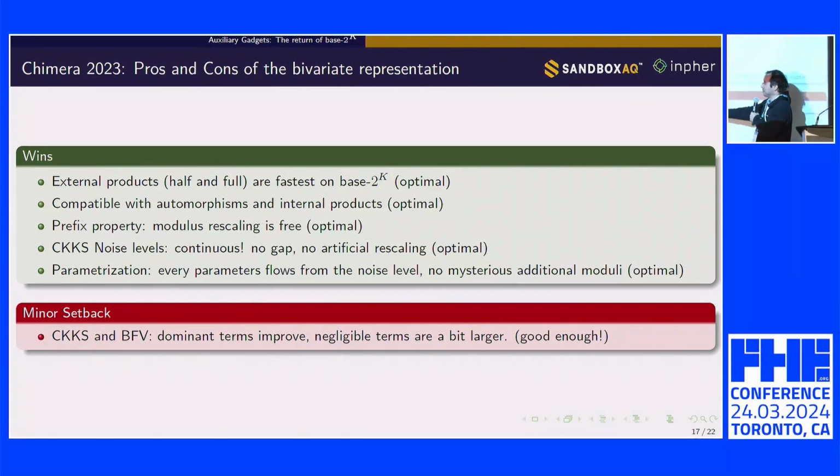So there is just a minor setback. One of the negligible terms in the complexity of a product is a little bit larger with the bivariate representation, but luckily the dominant complexity term is improved. So overall, I'd say it's good enough.